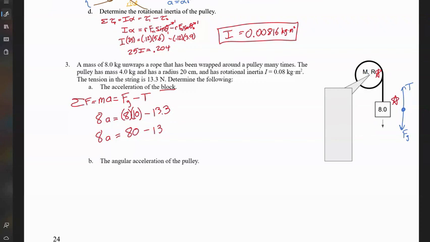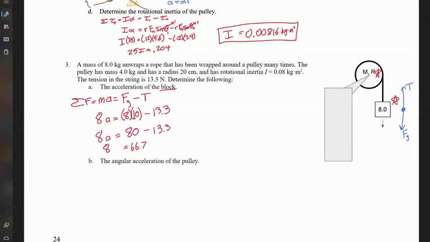If we take 80 minus 13.3, we get 66.7, which is equal to 8 times A.